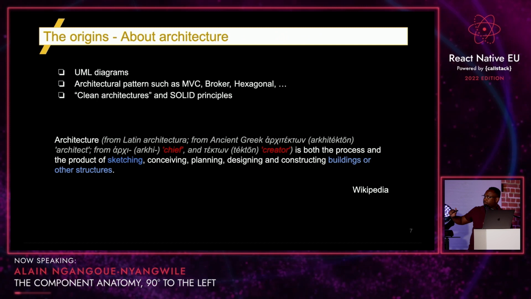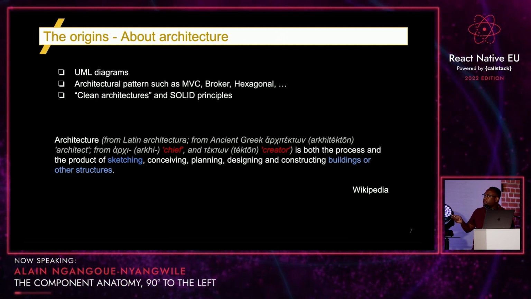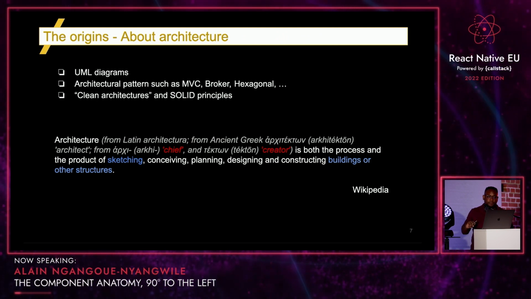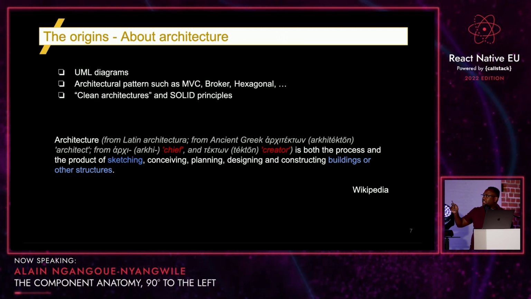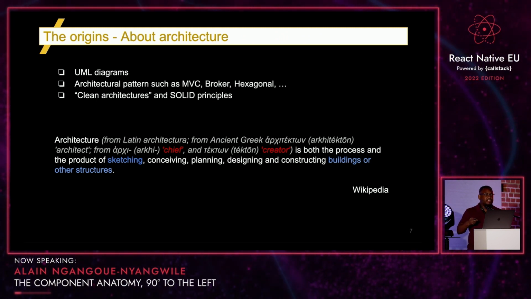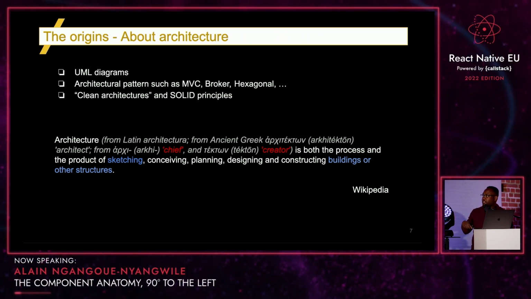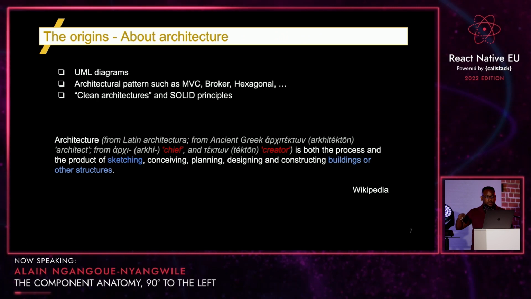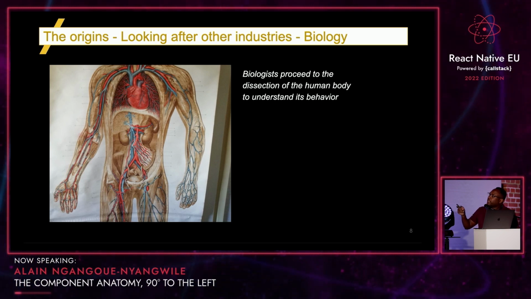Just before biology, I wanted to focus on the architecture definition from Wikipedia, in which put an accent on sketching and building. Okay, so I was like, what is the equivalence of sketching and building in the programming industries? That's where I started to look at other industries, and in particular the biology one.